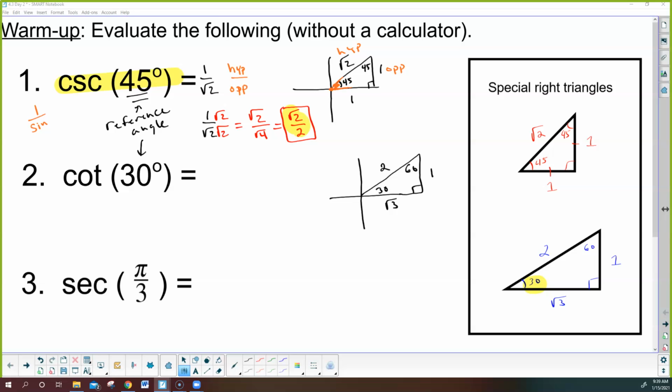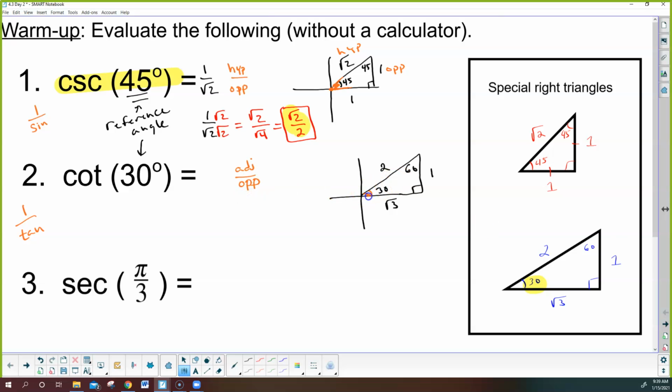All right, so now we're going to go ahead and identify what is cotangent. Well, cotangent is the reciprocal of tangent, and if tangent was TOA, opposite over adjacent, then cotangent is adjacent over opposite.